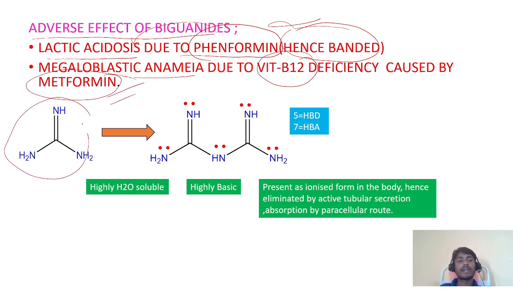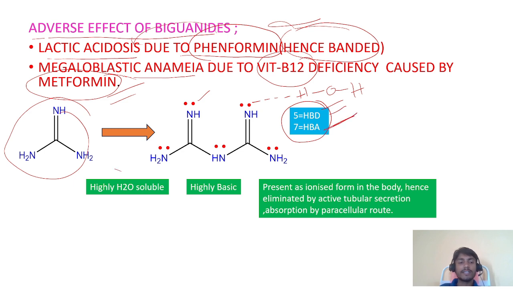So this is a biguanide. It contains nitrogen with lone pairs of electrons, which form hydrogen bonds with the hydrogen atom of water. Like this, there are 5 hydrogen bond donors and 7 hydrogen bond acceptors.